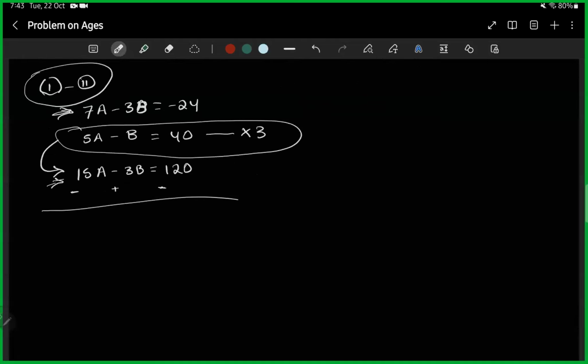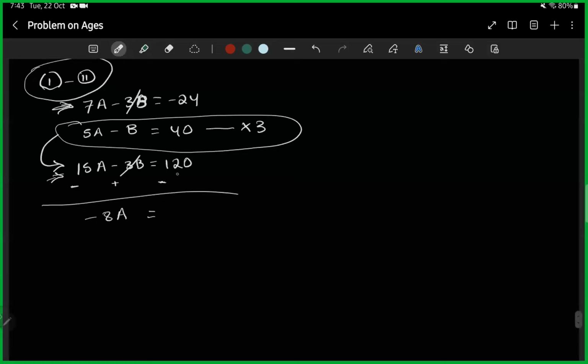This will give you plus 7A minus 15A, which gives you minus 8A. And then we can cancel 3B, plus 3B and minus 3B. On the right hand side, you get minus 120 minus 24. Minus will remain as it is, and then 144.